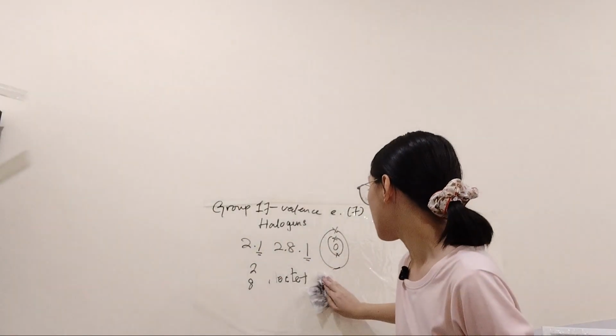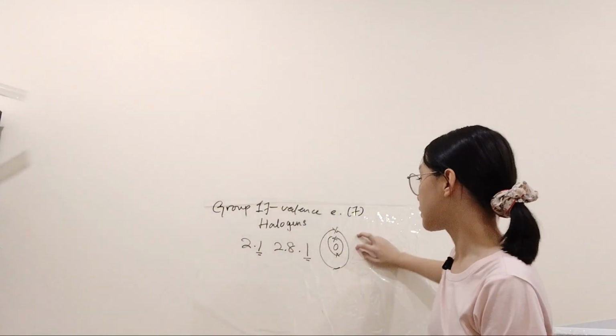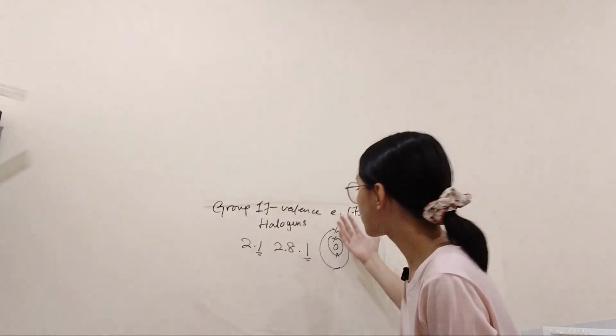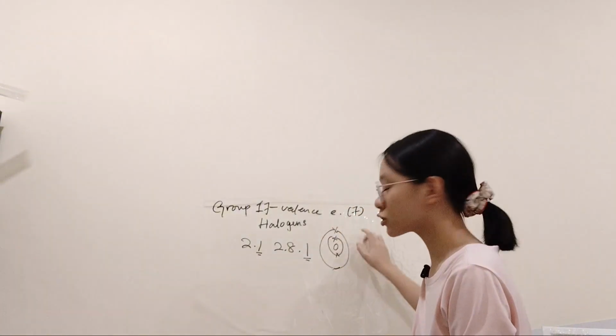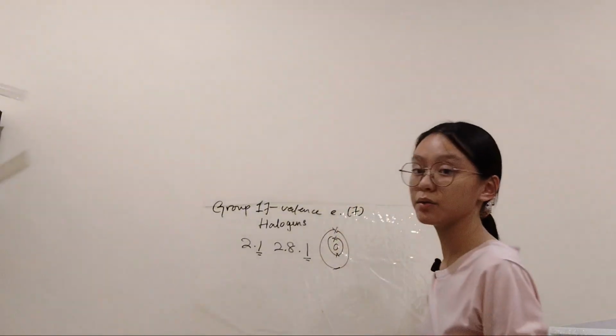So in this scenario you have 2 options here. You can either accept 7 electrons to form an octet arrangement, or donate 1 electron.